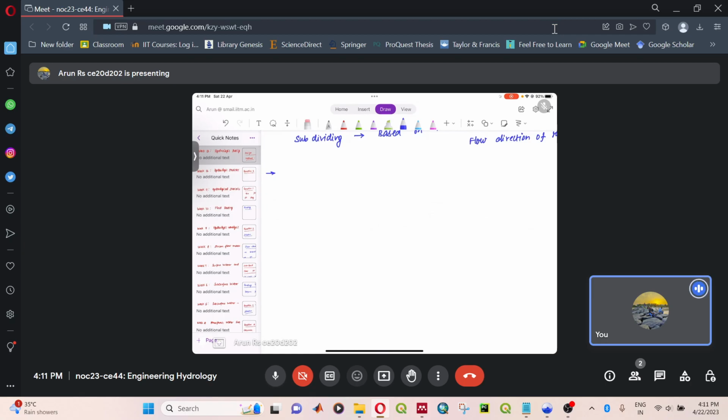And the third assumption is that peak runoff occurs when the entire catchment is contributing to the flow. That is, from the remotest point of the catchment, when the runoff comes to the catchment outlet, that is the time when the peak flow occurs.